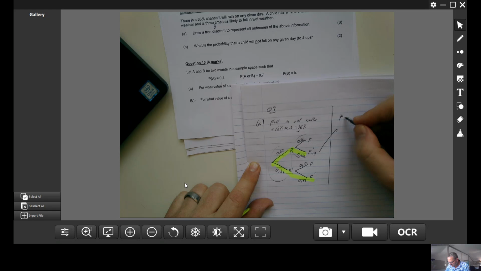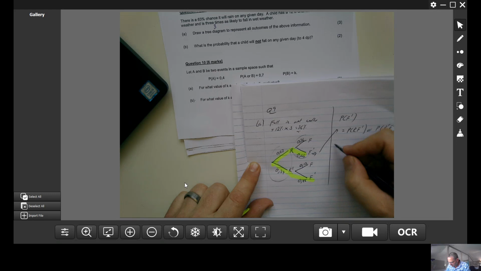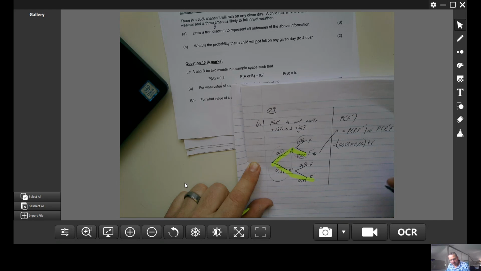So the probability that the kid will not fall is going to be equal to the probability of rain and not fall, or the probability of not rain and not fall. You don't have to write that step down. So the probability of rain and not falling is 0.63 times 0.64, plus the probability of no rain and not falling, which is this route over here, 0.37 times 0.88.